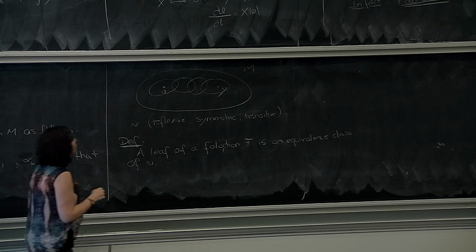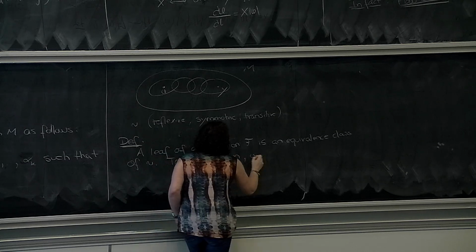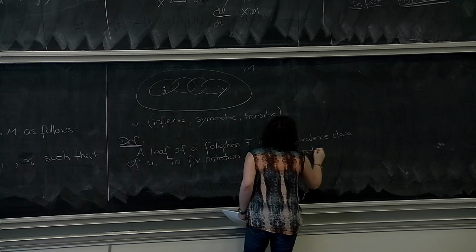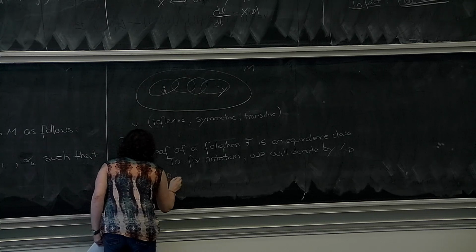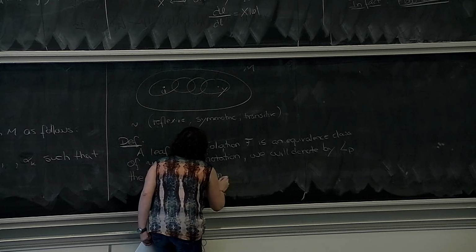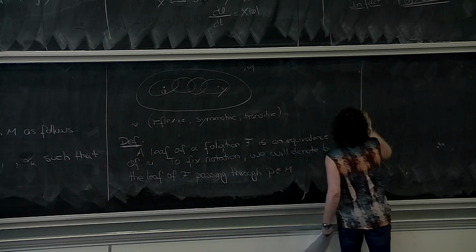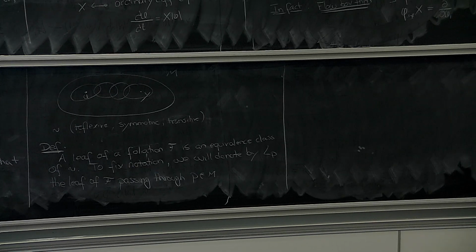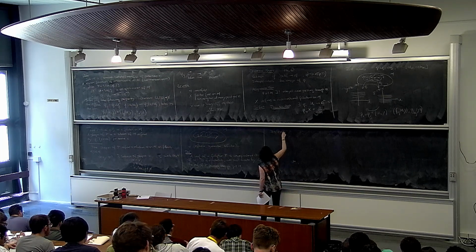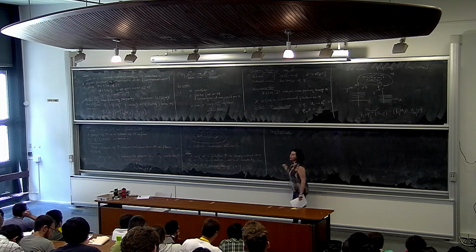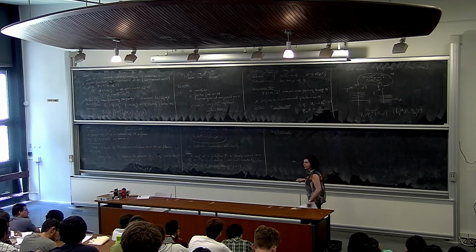And to fix notation, we'll denote by L_P the leaf of F passing through the point P. If we look at the first example, the leaves of the foliation are nothing but the integral curves of the ordinary differential equation associated to the vector field.